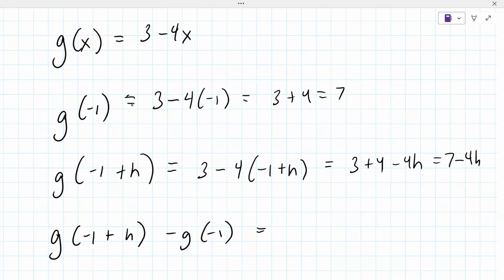Okay. How would yours match up with g of -1 and g of -1 plus h?